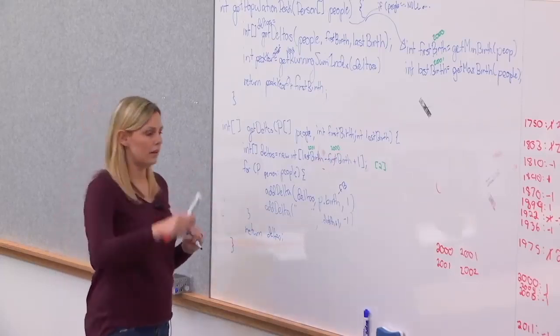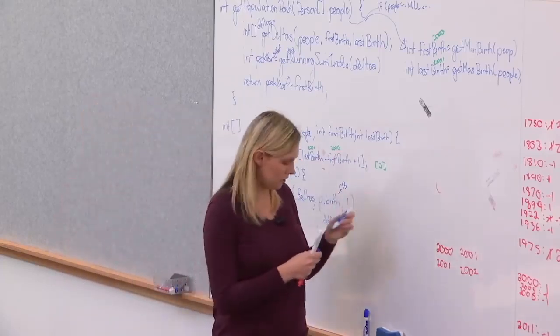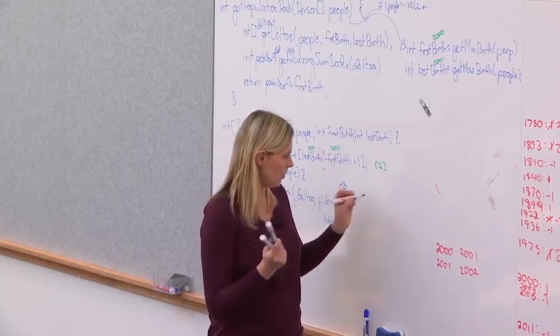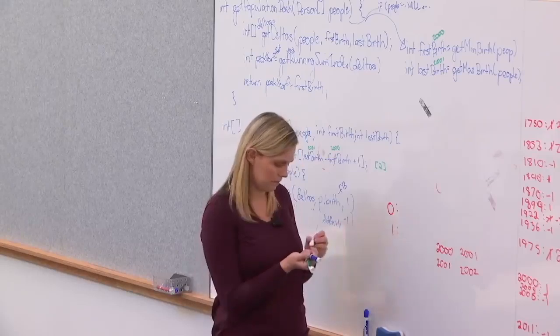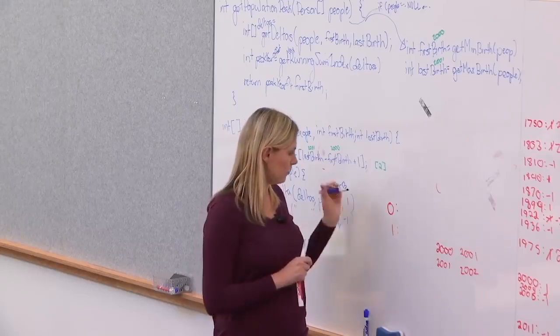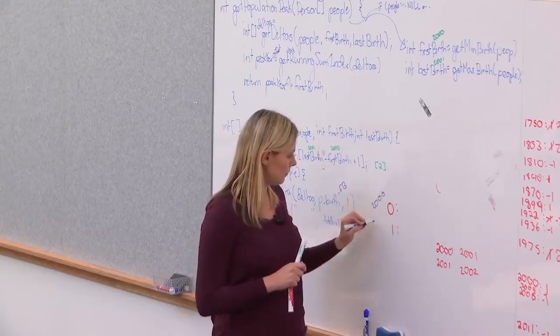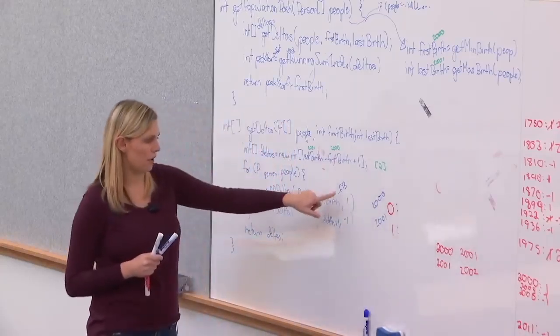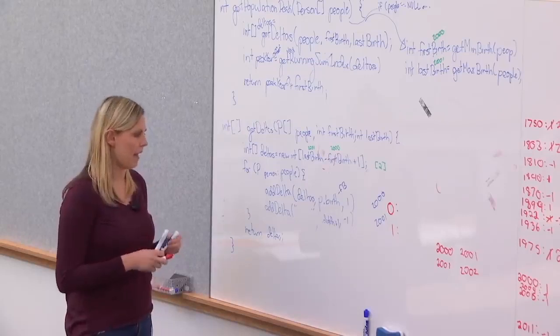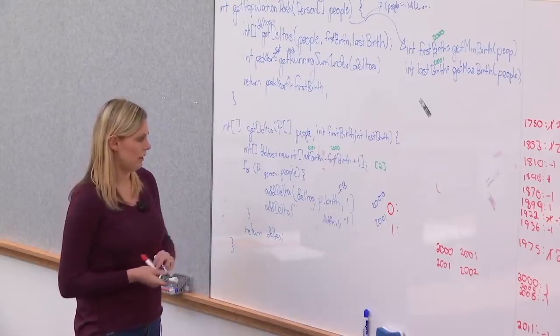I need to say increment the 0th index. So my array looks like this. This is 2000. This is 2001. So this corresponds to 2000, this corresponds to 2001. So P.birth, 2000 minus 2000, that corresponds to index 0.